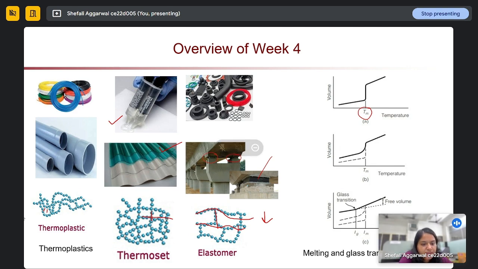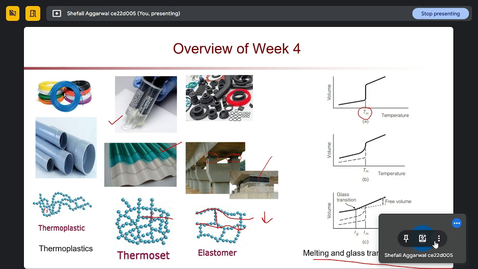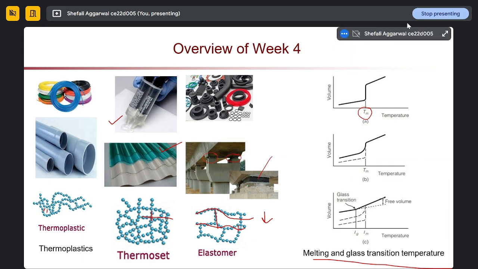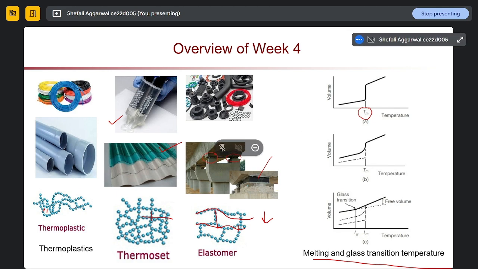Next thing you might have studied in this week would be the melting and glass transition temperature. So melting and glass transition temperature is about the reaction of our polymers to temperature, and it will depend on the degree of crystallization.